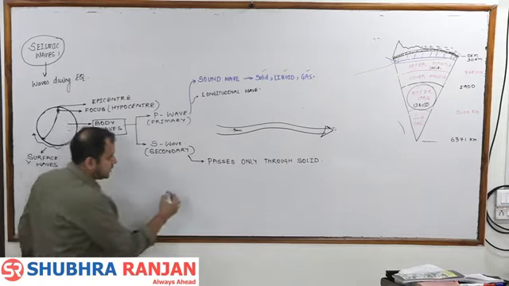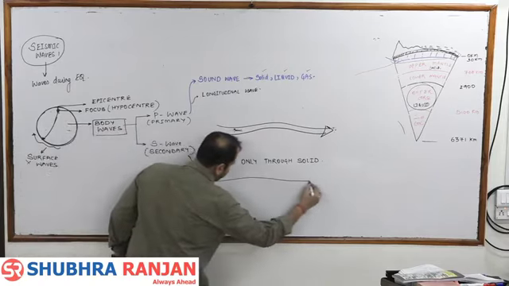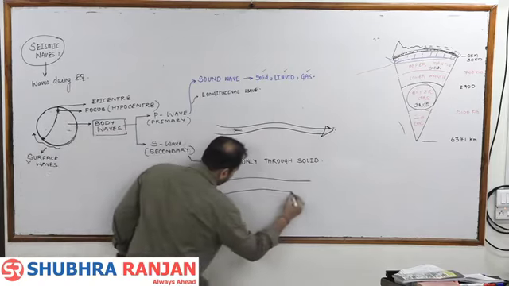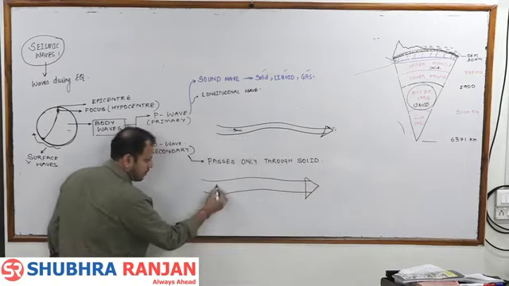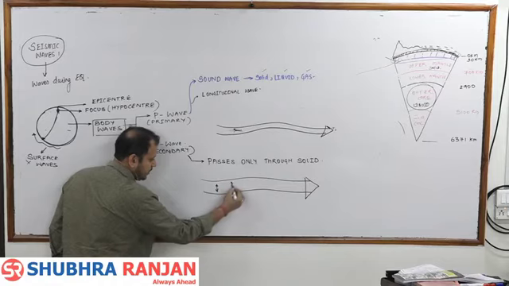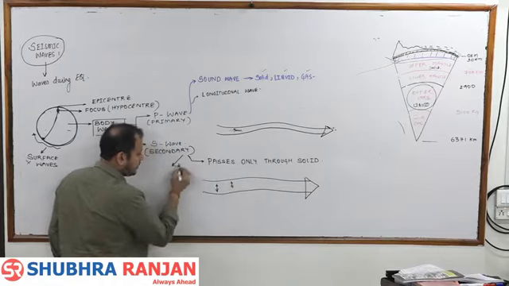And if this is the direction of an S wave, how will be the vibration of the rocks? Up, down, perpendicular, and therefore we will call such a wave a transverse wave.